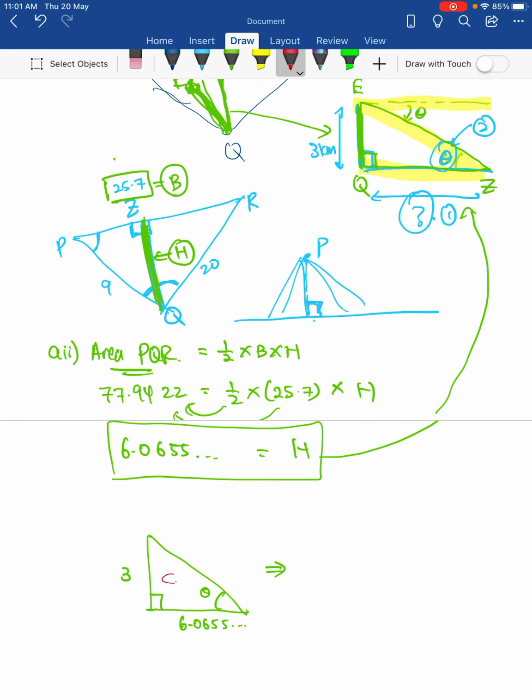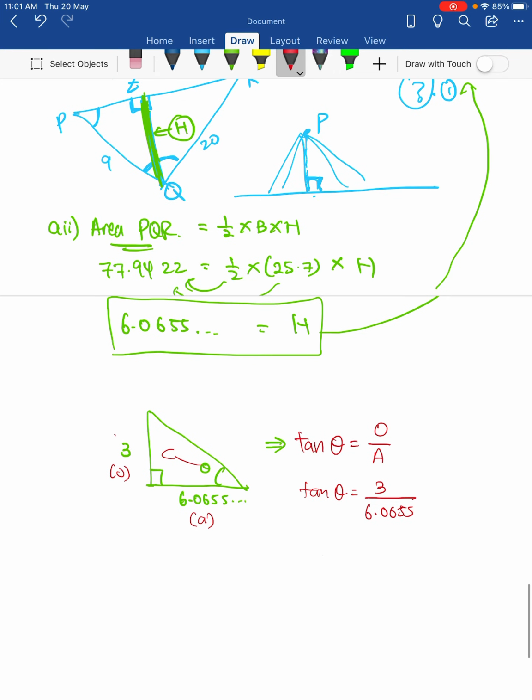This is the O, this is the A. So tangent theta equals O over A. So tangent theta equals, O is 3 and A is 6.0655, and to find the angle will be tangent inverse of 3 over 6.0655.